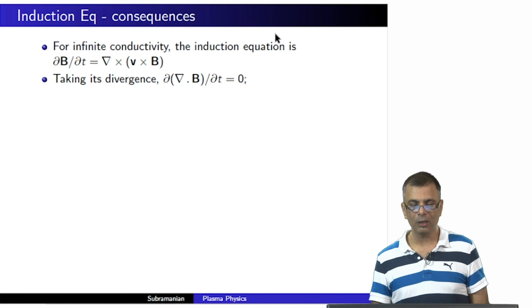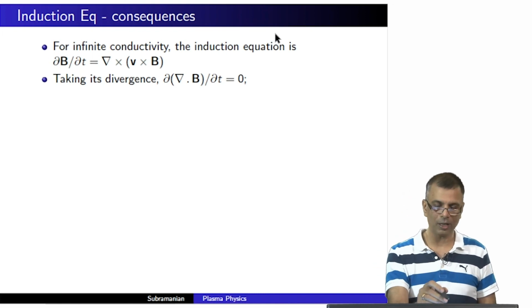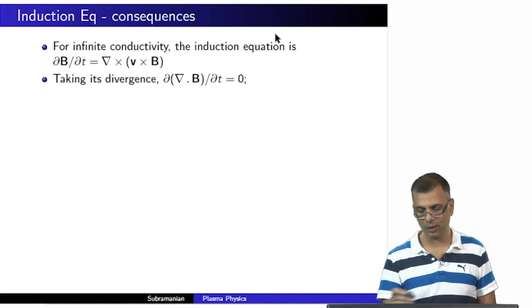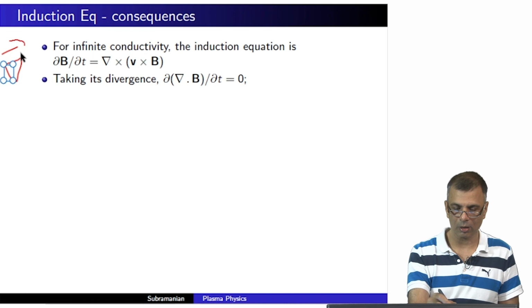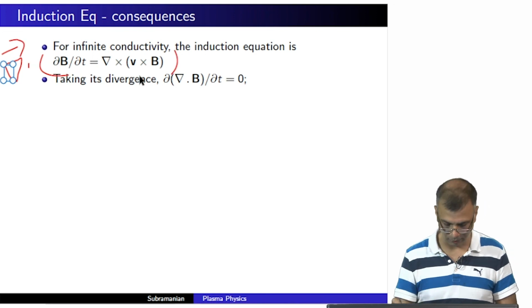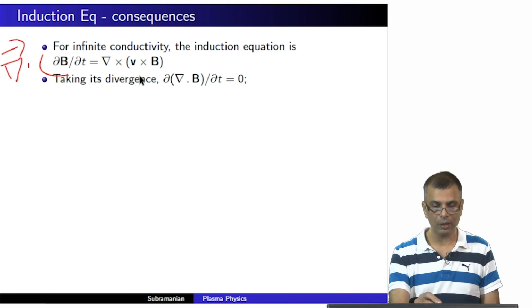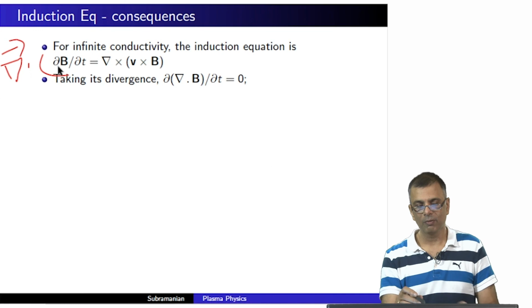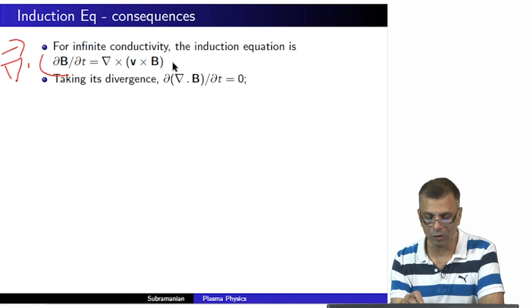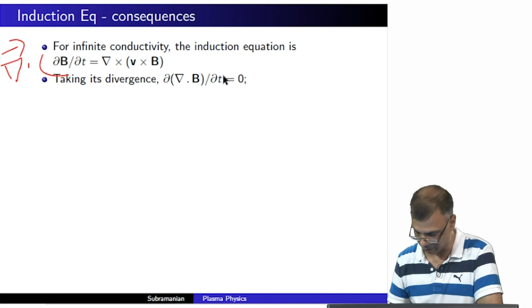Suppose you take the divergence on both sides. You can take the divergence inside the time derivative. Then you know that the divergence of a curl is always 0. Therefore, what it's saying is that the time derivative of the divergence of B is 0.